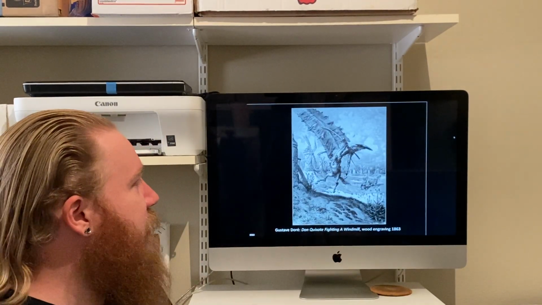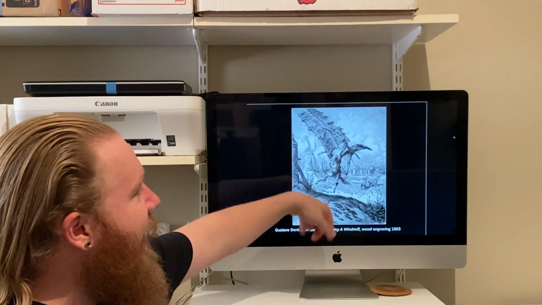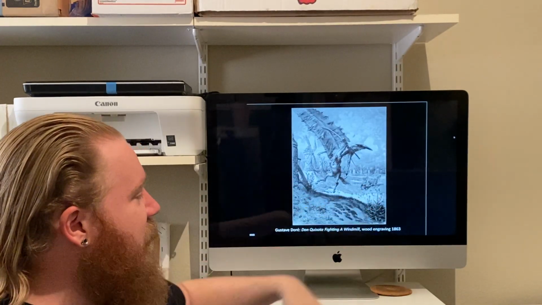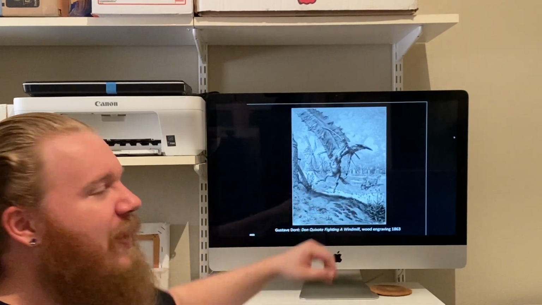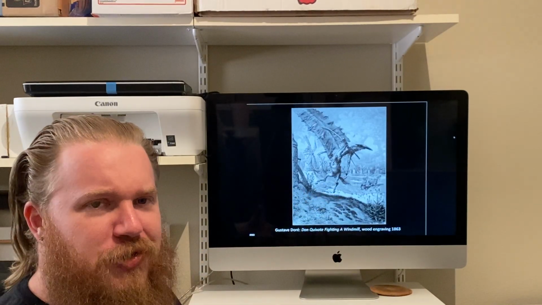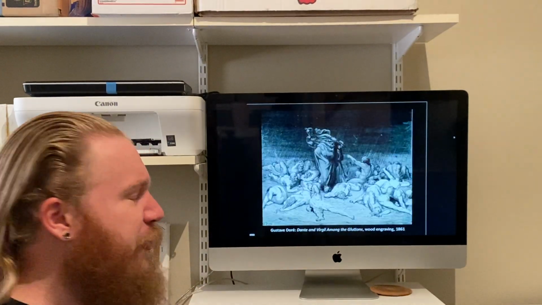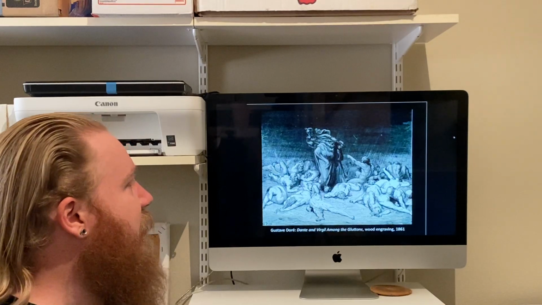But he also is really well known for doing these kind of more humorous things. So here we can see one of his illustrations from Don Quixote. So we see Don Quixote tilting against the windmill while Sancho Panza is kind of there in the back. But usually I think it's interesting his more lighthearted work takes on a more caricature-esque feeling such as this, whereas his more serious work is more realistic and more somber and everything like that.